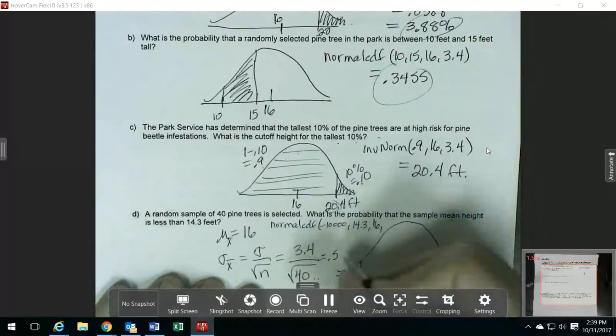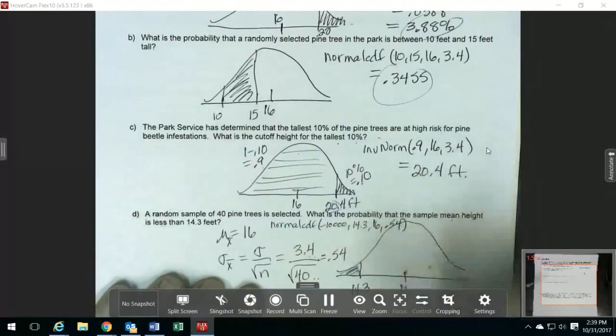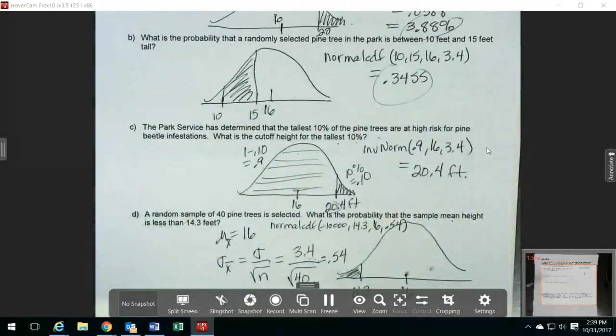Okay, so this is 0.54. So I'm going to put in 0.54 for my standard deviation.